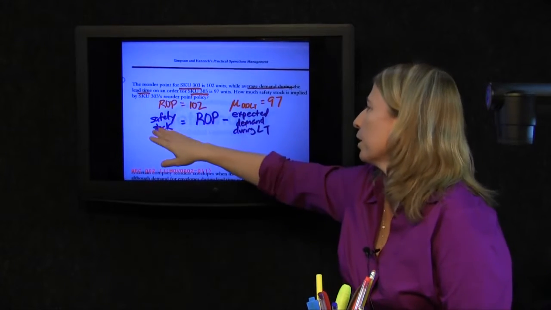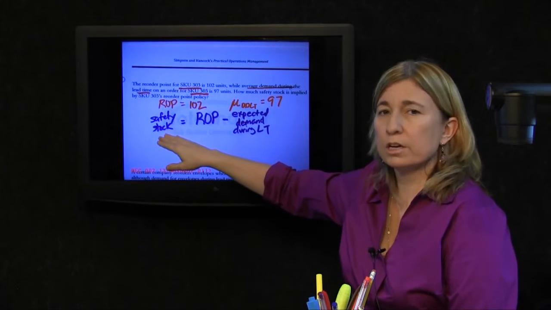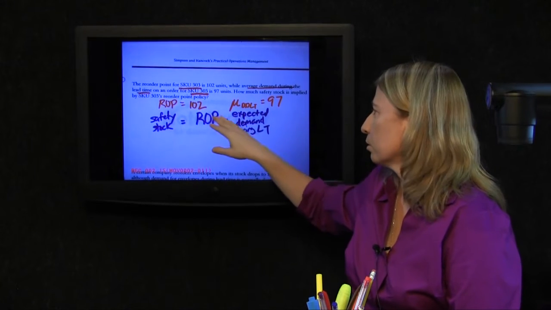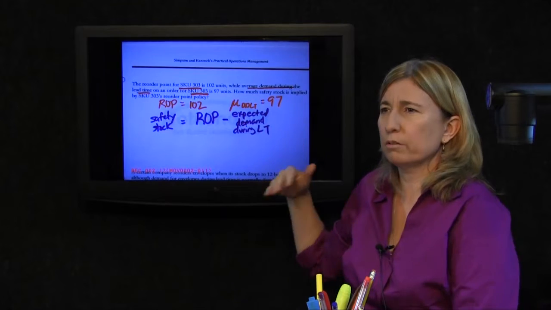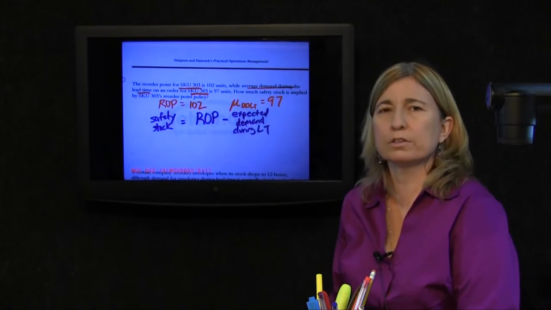How much you're keeping around just in case is basically when you reorder less what usually happens. That part that's left over would be the part that's just in case.